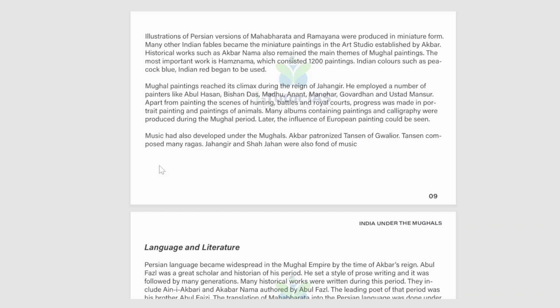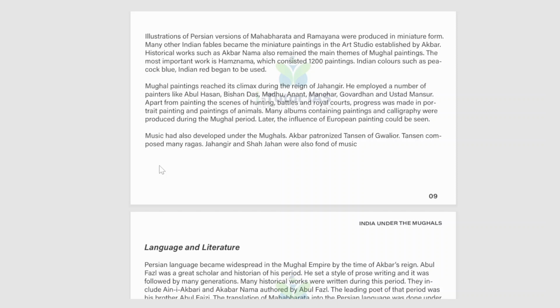Historical works such as the Akbar Nama also remained the main theme of Mughal paintings. The most important work is the Hamza Nama, which consisted of 1200 paintings, and Indian colors such as peacock blue and Indian red began to be used. Mughal painting reached its climax during the reign of Jahangir.